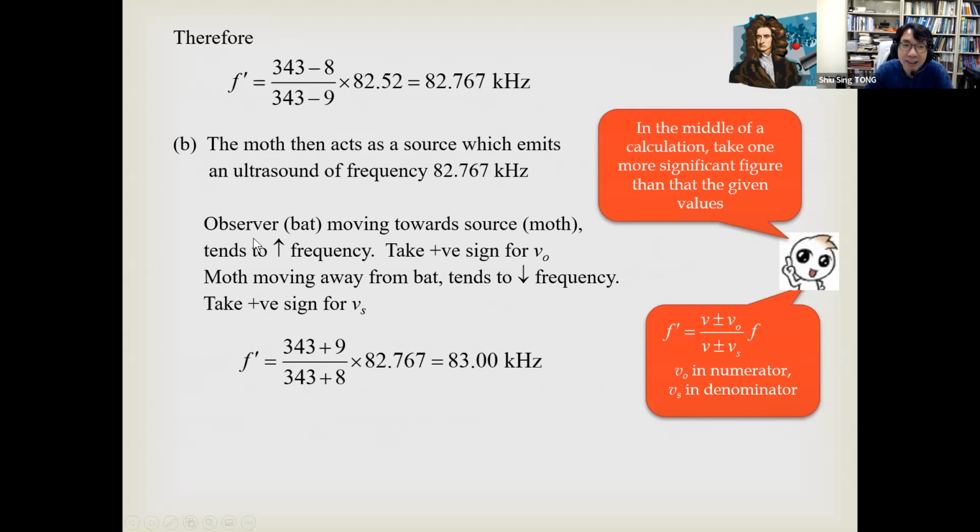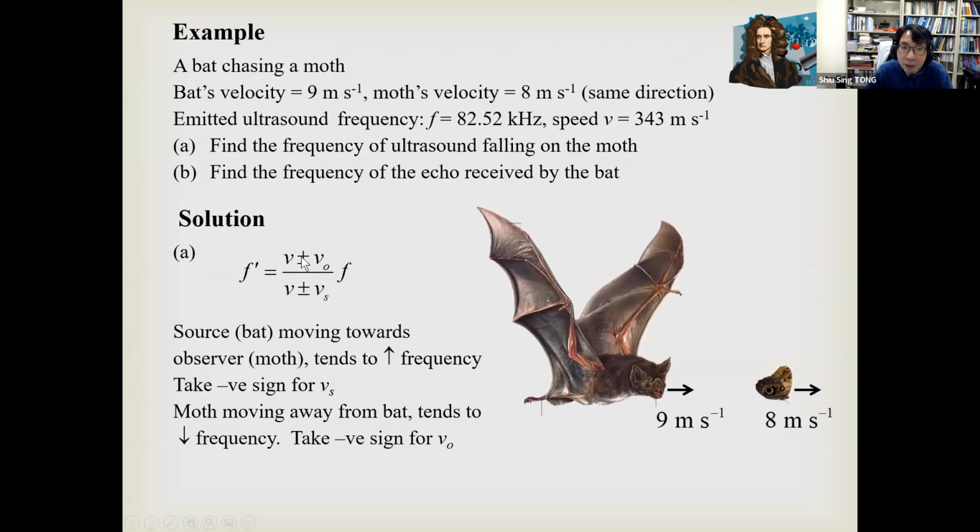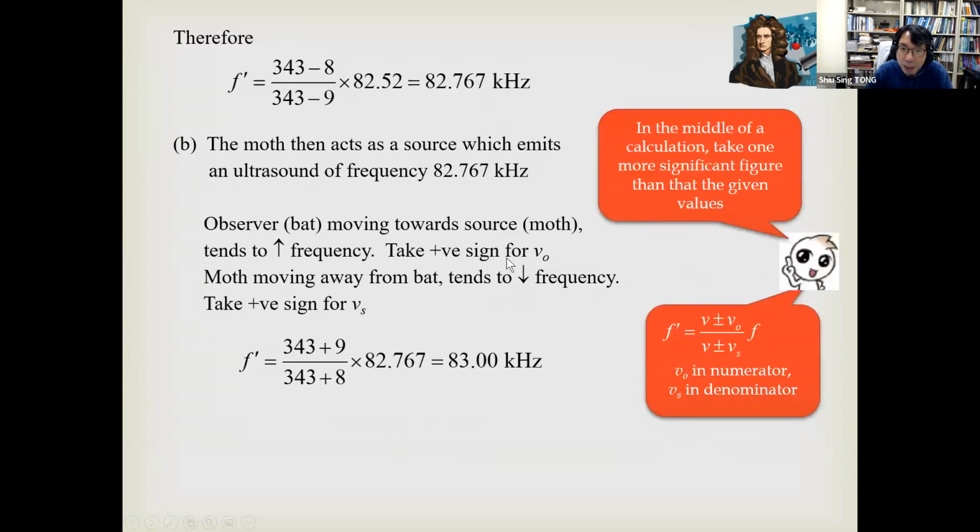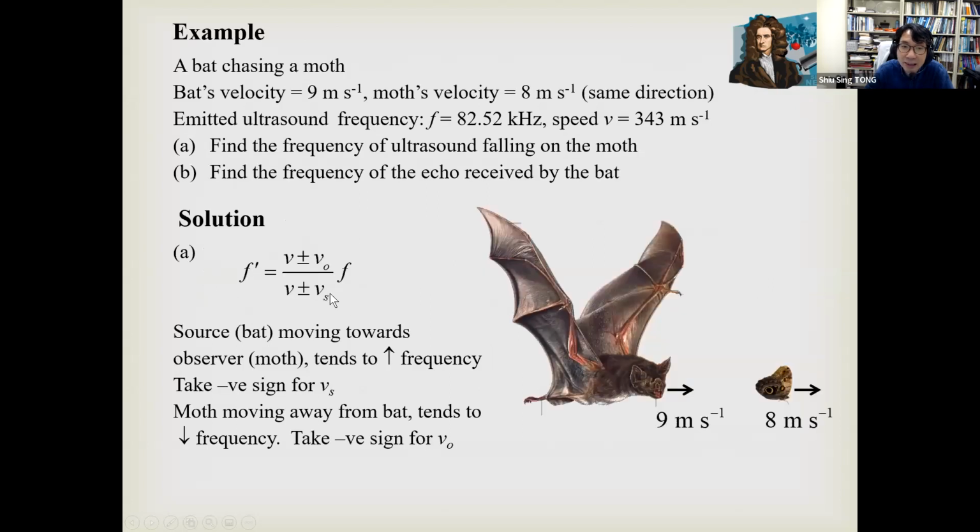Okay. Now the bat is moving towards the moth, right? So it tends to increase the frequency. Now the bat becomes an observer. So in order to increase the frequency, you should choose a plus sign. So we should take the plus sign for VO. The moth is, however, moving away from the bat. The moth is now the source, right?